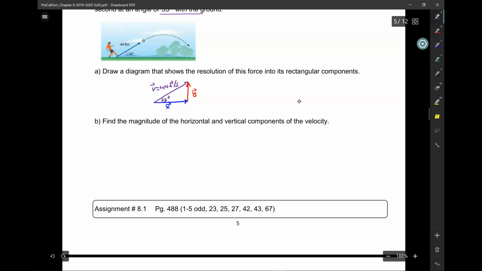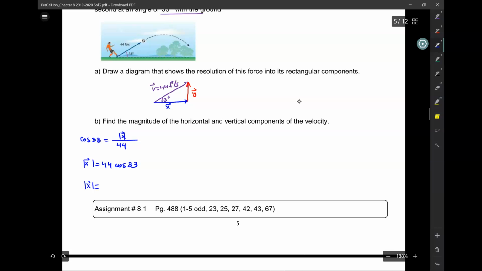Okay, so let's find the magnitude. Let's do x first. Cosine of 33 is equal to magnitude of x over 44. So magnitude of x is 44 cosine 33. Do we always need to put the absolute value? Always.